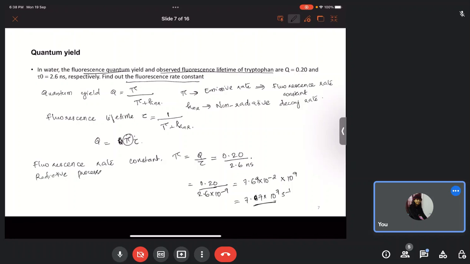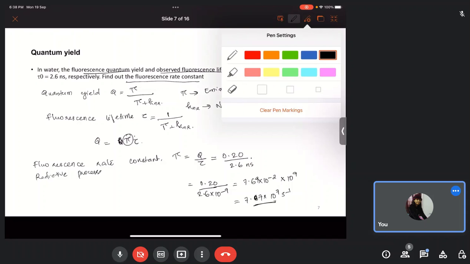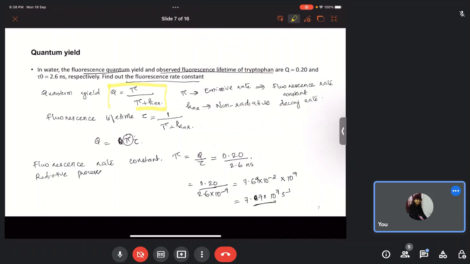How a radiative decay rate can be calculated, or a non-radiative decay rate, or how a fluorescence quantum yield is calculated. So we have to be familiar with these formulas. This one, what is the lifetime, and things like that.